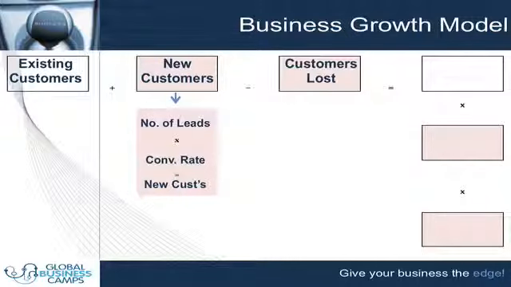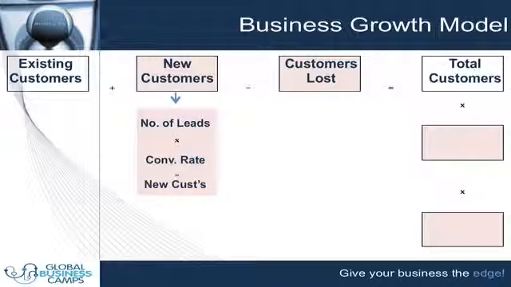You can also control customers lost. So if we take care of our customers, if we look after them, if our team is great in servicing our customers, we will obviously reduce the amount of customers we lose. And then an outcome or a derivative is our total customers.